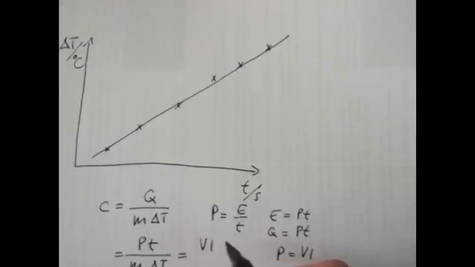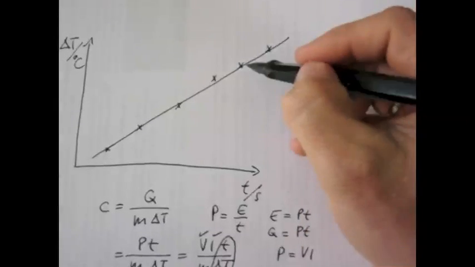So I have VIT over M delta T. This is the inverse of the gradient. All these other values are now given. And this is the inverse of the gradient. So I can actually find my gradient.